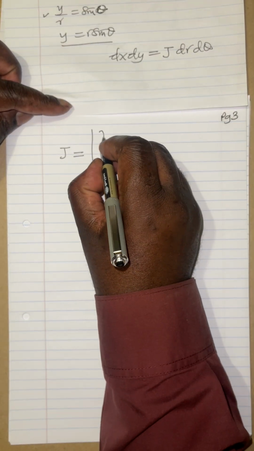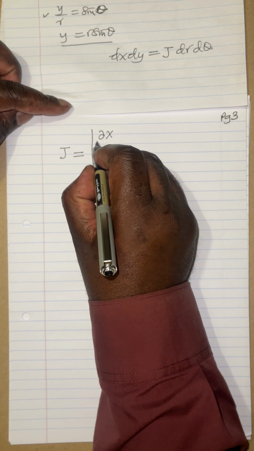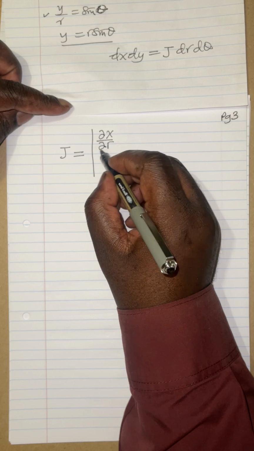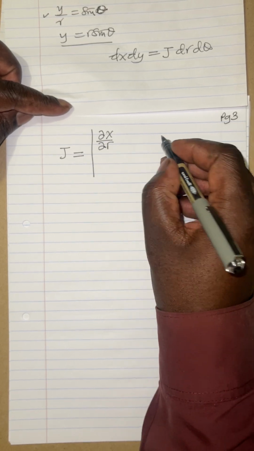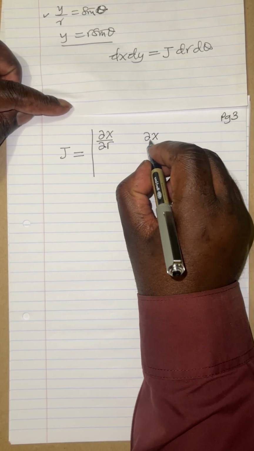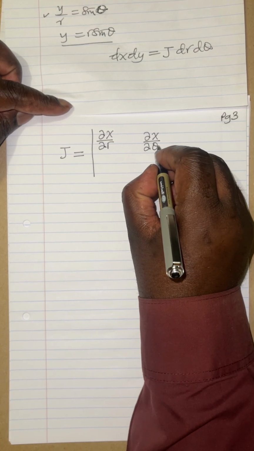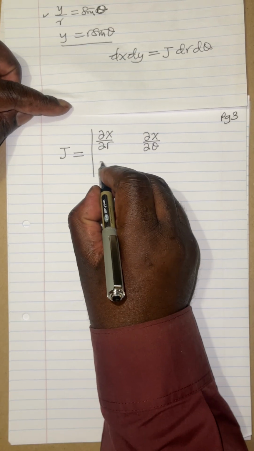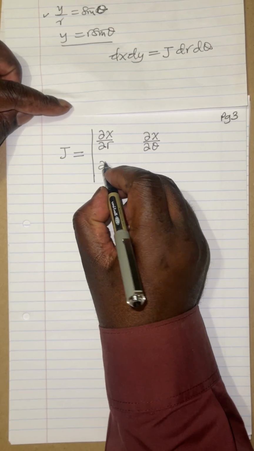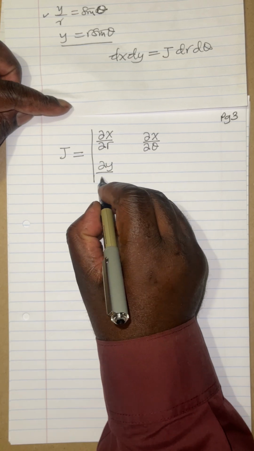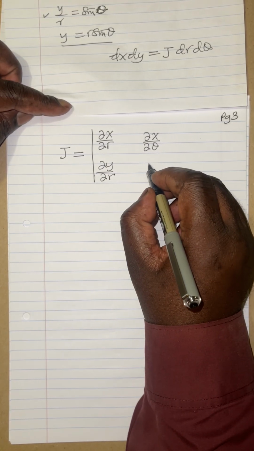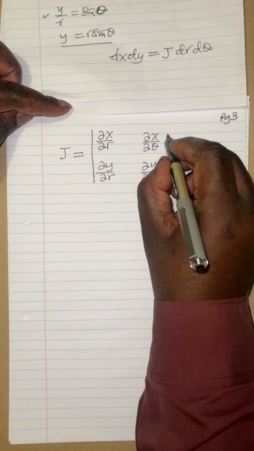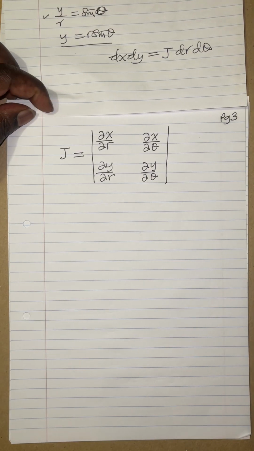The partial derivative of x with respect to r will be the first entry, in the first row and first column, and then the partial derivative of x with respect to theta. Then in the second row, first position, the partial derivative of y with respect to r, and in the second position we're going to have the partial derivative of y with respect to theta. That determinant is what we call the Jacobian.